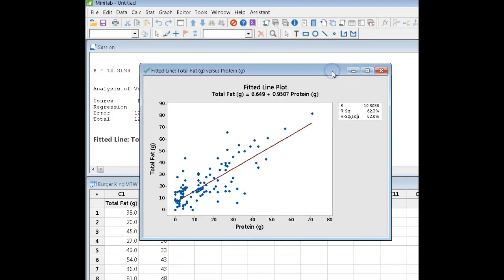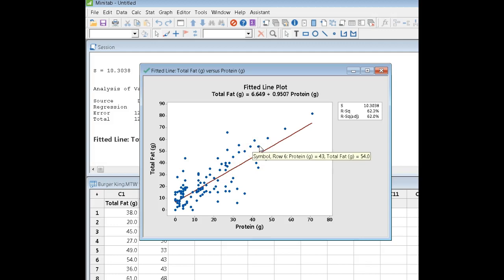Okay, so I get this, and what this does is give me a summary of this whole regression model. First of all, I get a scatter plot, and on this plot it shows me the line of best fit. Minitab has calculated that line, and that line is the line that should give us the smallest, what's referred to as the sum of squared errors.